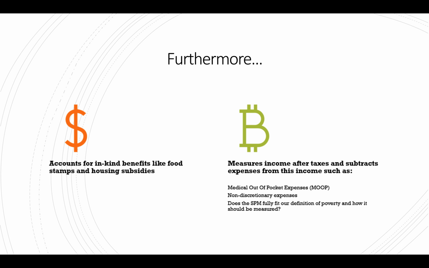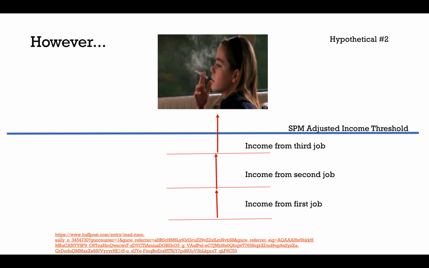Putting all of this together, it is clear that the SPM is a much improved version of the OPM and the better choice since it looks beyond just income. However, does the SPM fully fit our capabilities-based definition of poverty? Let's say Sally is considered to be above the income poverty threshold generated by the SPM. However, she is working 3 jobs in order to generate this income at the expense of her health.